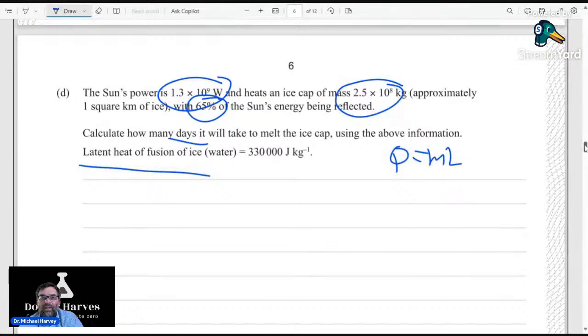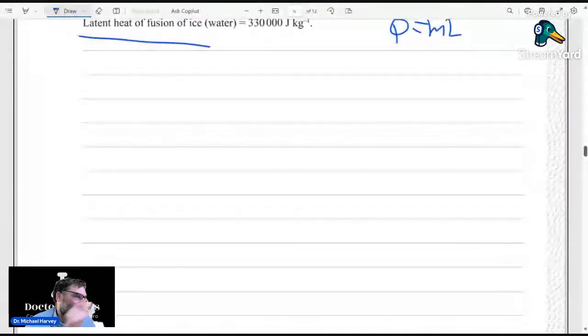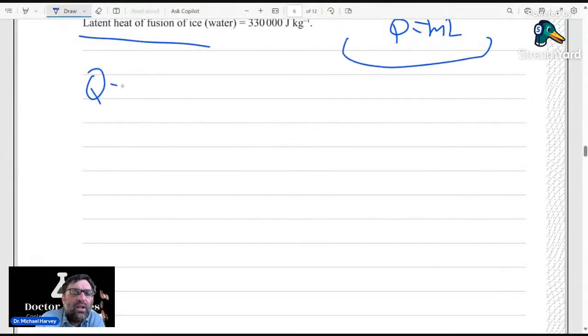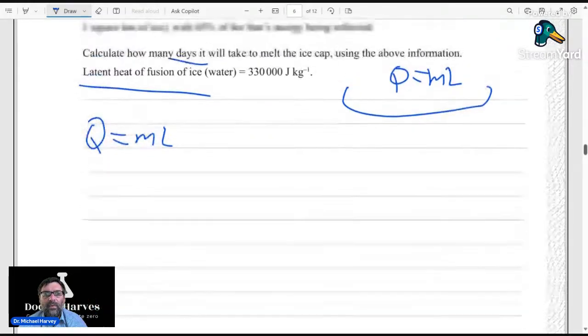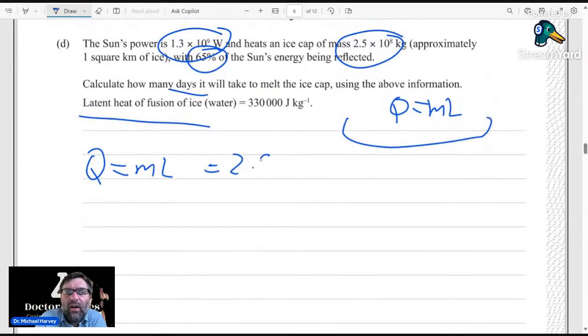So that's the question we start off with, Q equals ML. Q, which is going to be the heat, will equal our mass, which we get from the question, 2.5 times 10 to the 8, times the latent heat, which is 330.